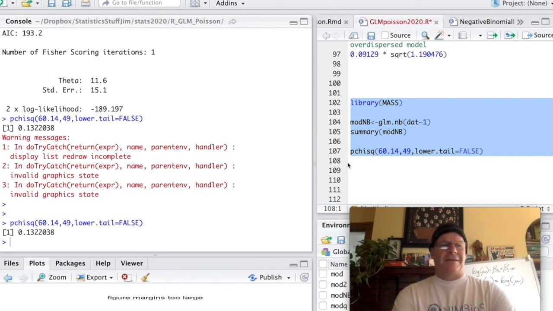So there are these other distributions out there, and we're not going to do anything about a negative binomial in the class, and certainly it won't be on the final or anything like that. I just wanted you to be aware that there are these other distributions that you could potentially use.